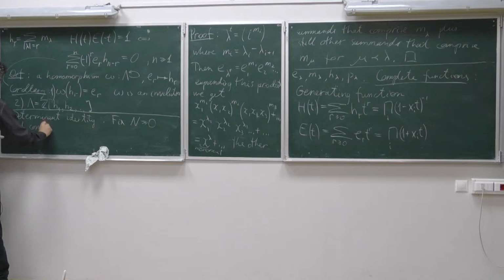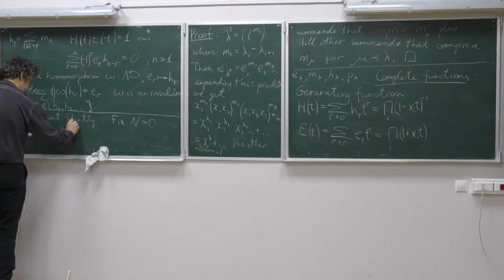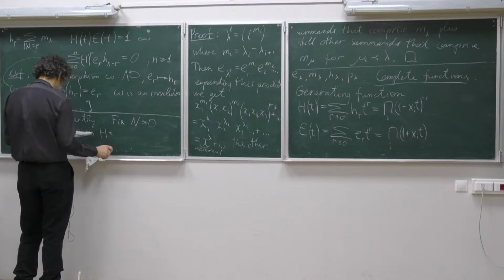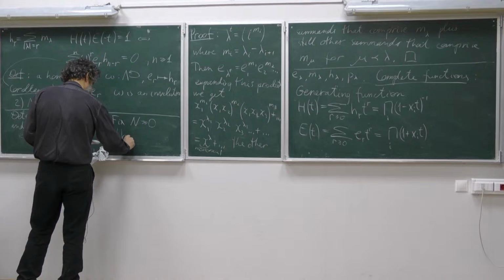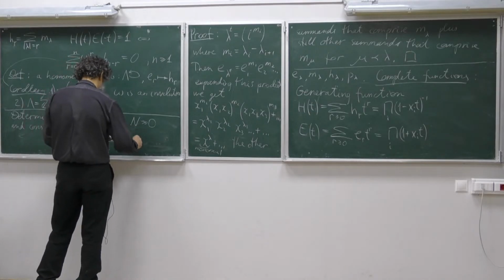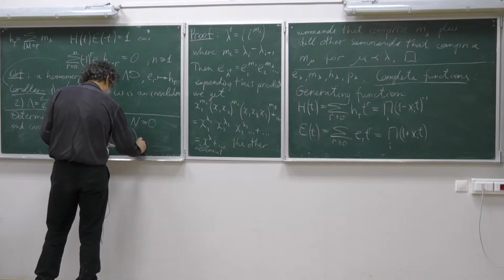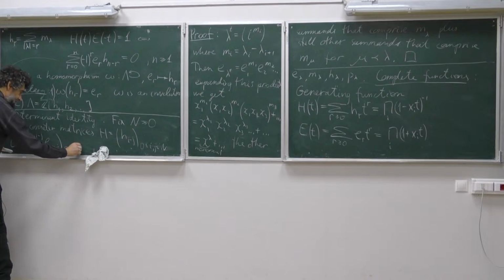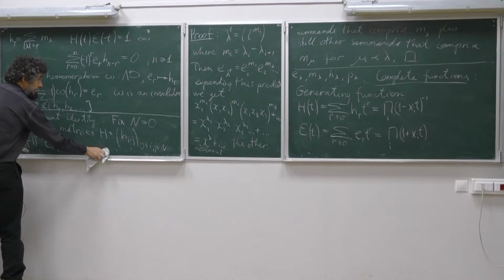matrices H with matrix elements h_{i-j} for i and j between 0 and n, and also E, again with minus 1 to the i minus j because of this, e_{i-j} for i and j between 0 and n.